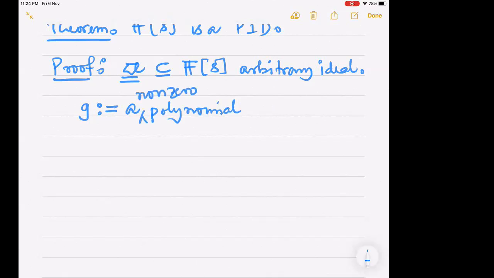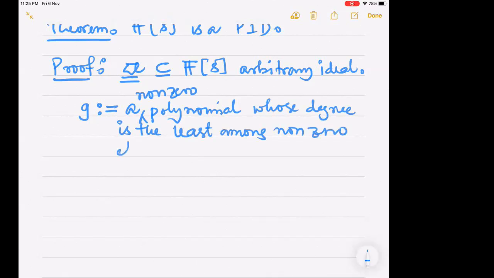A non-zero polynomial whose degree is the least among non-zero elements in the ideal A.